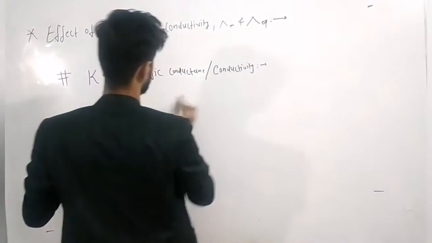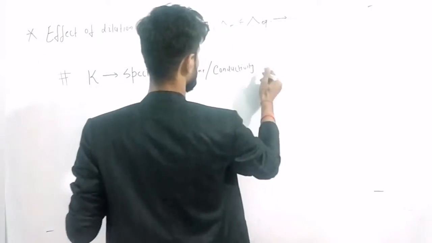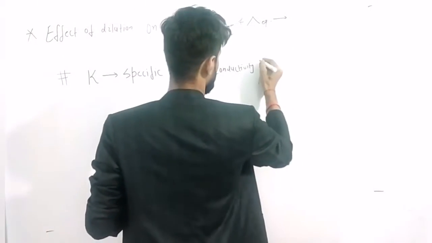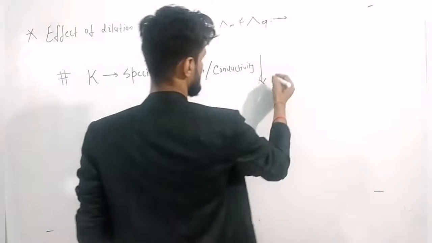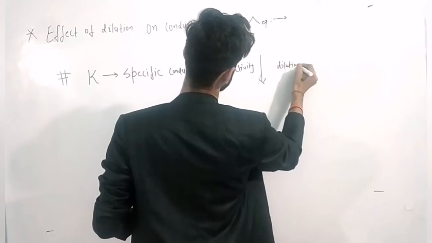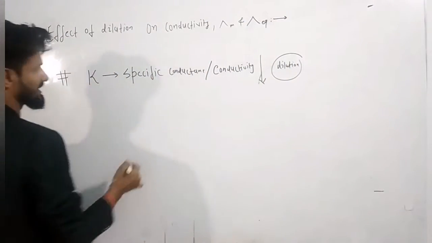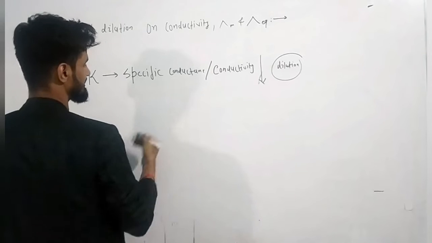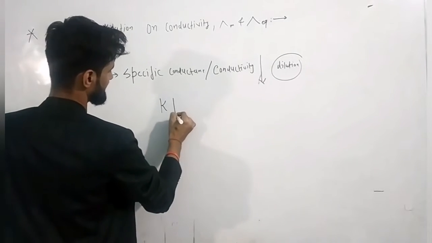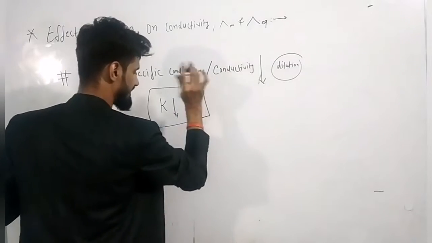After dilution, if you check, kappa, the specific conductivity, always decreases. If you dilute the electrolyte, then it will always decrease. Conductivity decreases, meaning kappa decreases, when you increase the volume of the electrolytic solution.